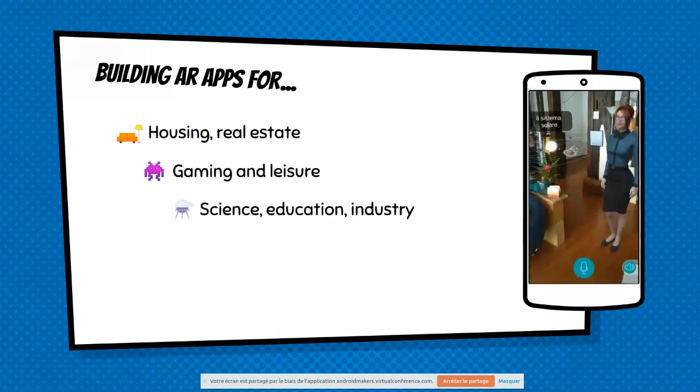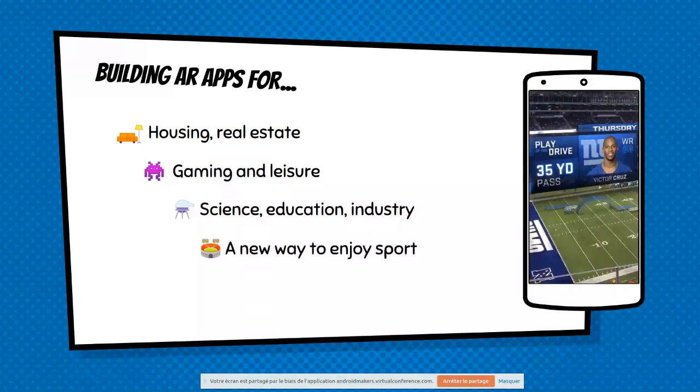Also for science, education, or industry. For example, here you can learn Italian with science. This is a nice application. And also a new way to enjoy sport with a lot of metrics and analytics during the game. It's a very good improvement to add AR to sports.